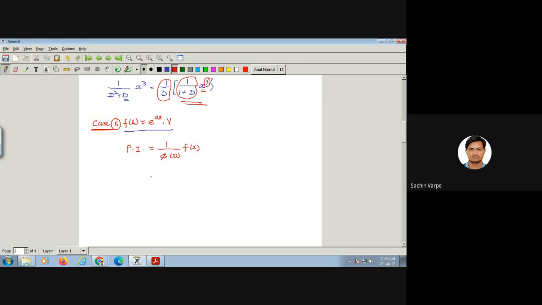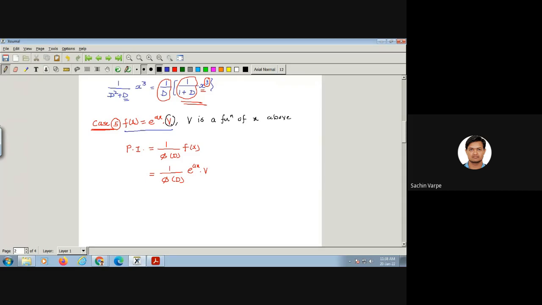Here f of x is e to the power ax into v. Now what is this v? This v is a function of x from the above functions we saw, like sine and hyperbolic and polynomial functions, one of those functions will be v. So if it is any of these, then we can proceed with this case.